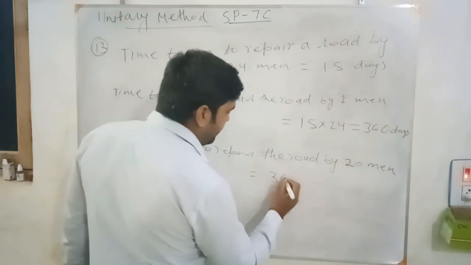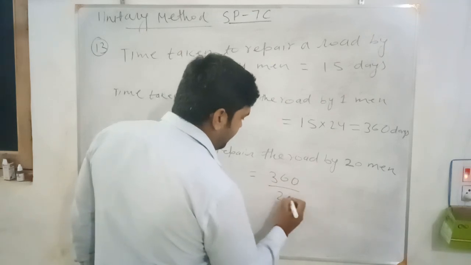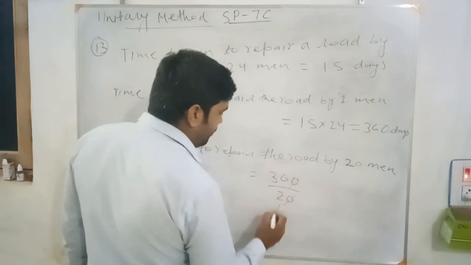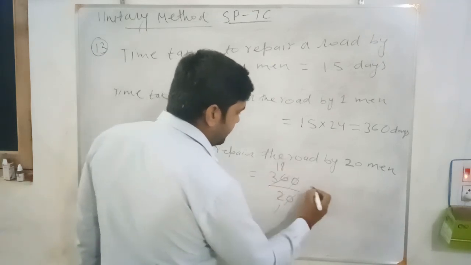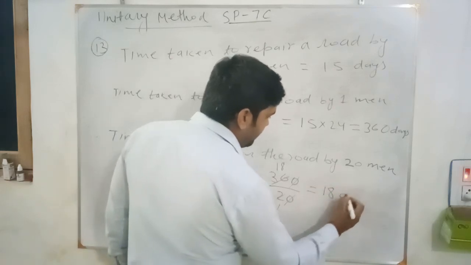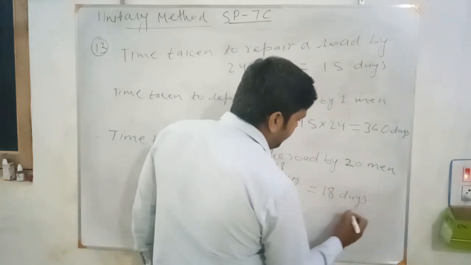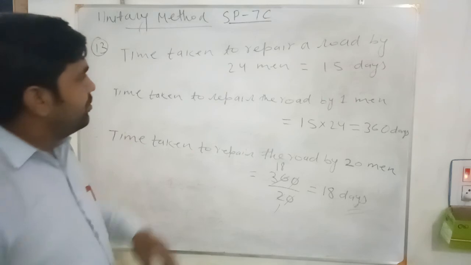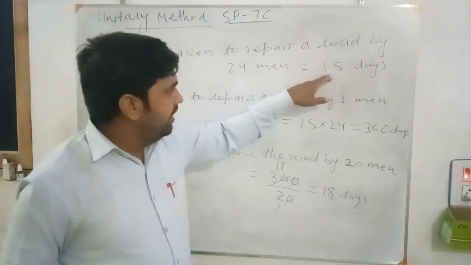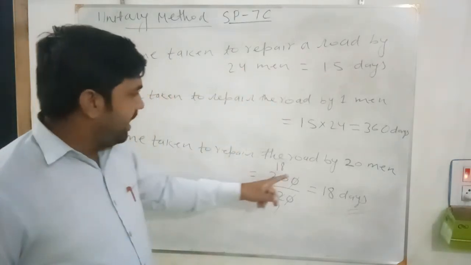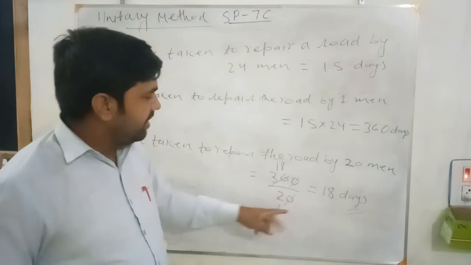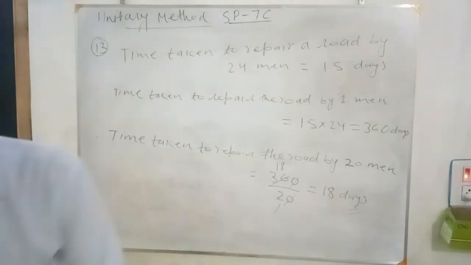So 360 divided by 20. The 0 is cancelled. 2 ones are 2, 2 eighteens are 36. So 18 days. So 24 men complete the work in 15 days, and 20 men will complete the same work in 18 days. Like this we have to do.